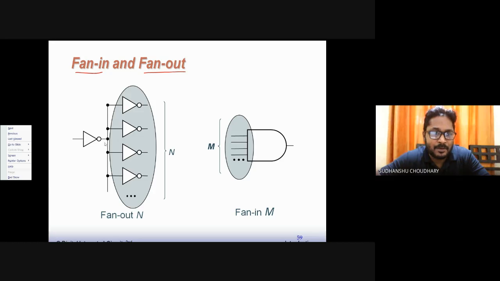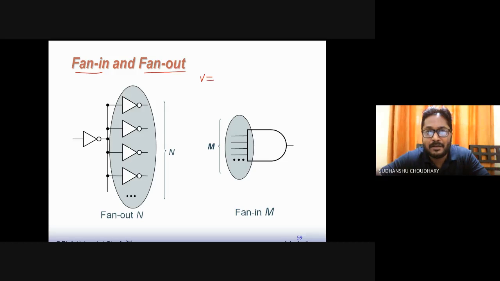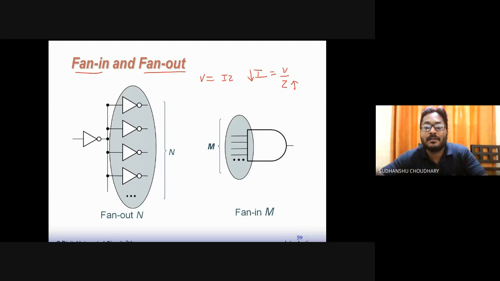For example, if the input impedance of the gates which are being driven, these gates, is high, let's say infinity, then let's go by the same equation, V is IZ, or I is V by Z. If Z goes high, the current drawn becomes low.